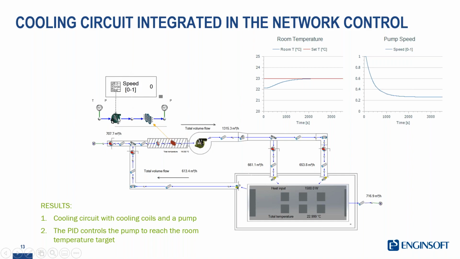In this case, this is connected to the speed of this pump, and by monitoring the room temperature, you are able to regulate the speed of the coolants, and you are able to remove a different amount of heat, and at the same time regulate the temperature, so reach the correct temperature set point for the room inside the data center.